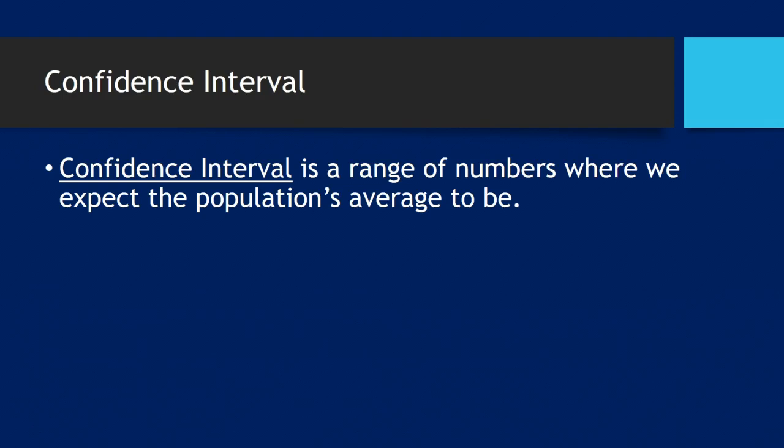So for instance, in the example I was talking about, we said that the average should have been about 178 pounds. Maybe we take that point estimate of 178 pounds and we add and subtract 5 pounds from each side. So maybe we say our population should have an average somewhere between 173 and 183 pounds.